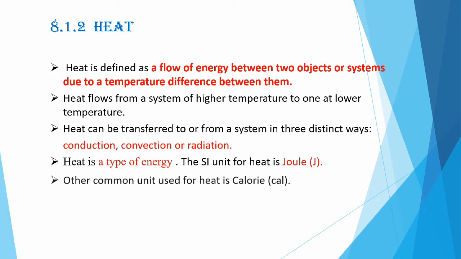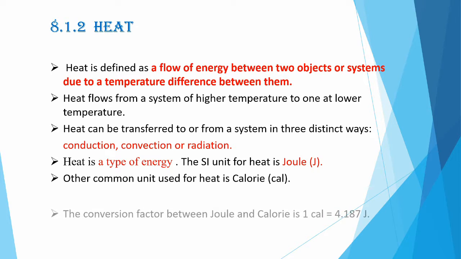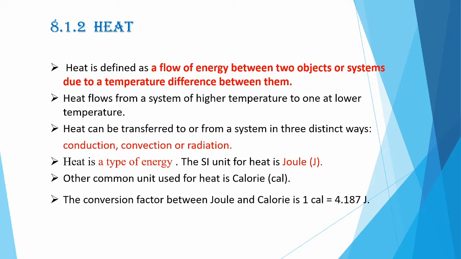Heat is a type of energy, so the SI unit for heat is the joule. Another common unit used for heat is the calorie. The conversion factor is 1 calorie equals 4.187 joules.